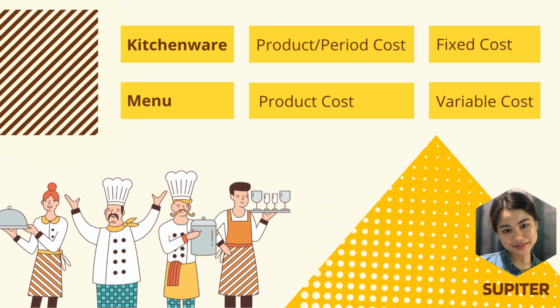The materials for preparing and cooking our restaurant's dishes include eggs, spices, herbs, condiments, meat, fruits, vegetables, and the like.